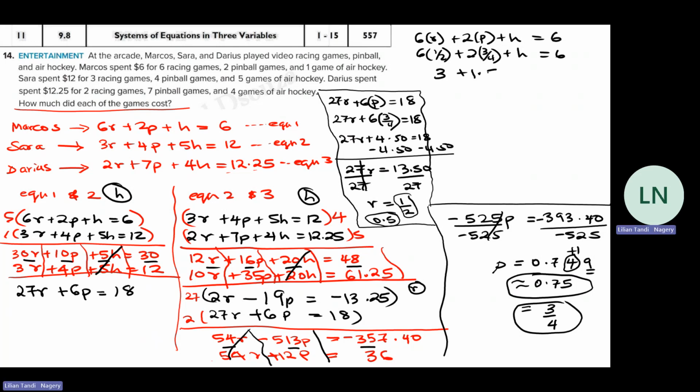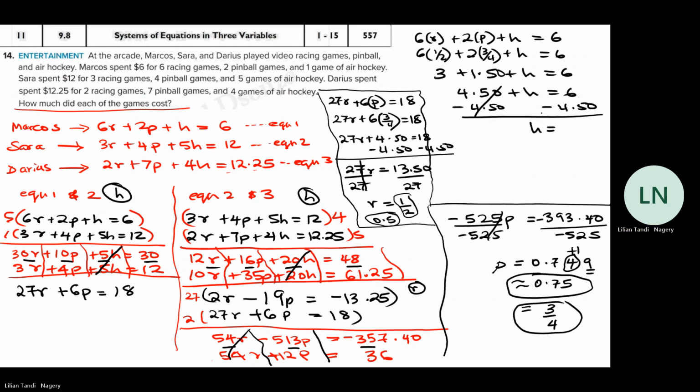This will be 1.5 plus H equals 6. Okay, and it's money, so to the nearest hundredth, this will be $4.50 plus H equals 6. Subtract $4.50 on both sides. This goes away. H will be 1.5 or 3/2.